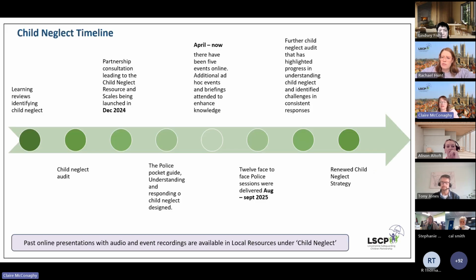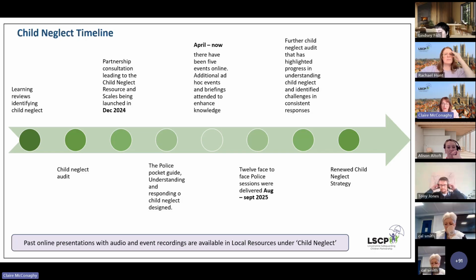So moving on, I just wanted to give a bit of background and the journey of the child neglect resource and scales and the work that's been carried out, including the context of the work. Working through this timeline, we've had some learning reviews that have identified child neglect. We've carried out a child neglect audit.